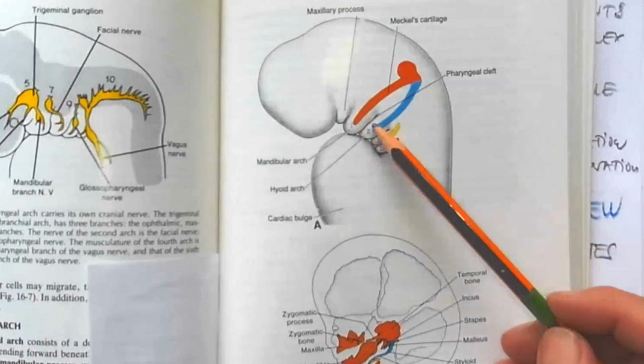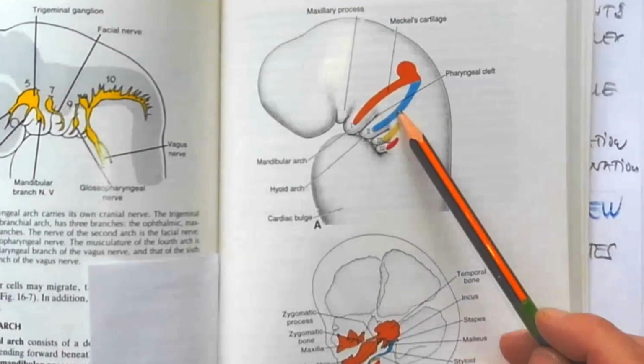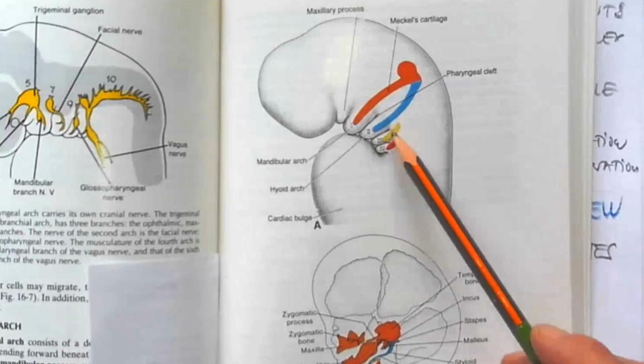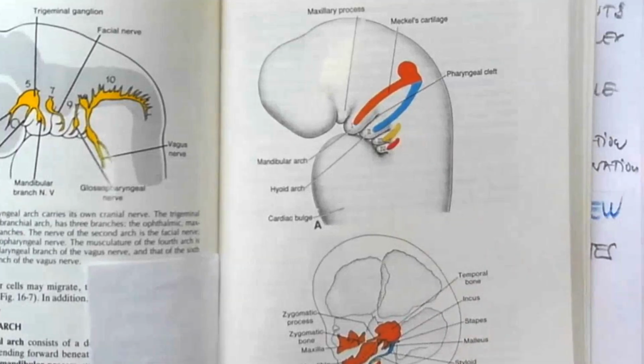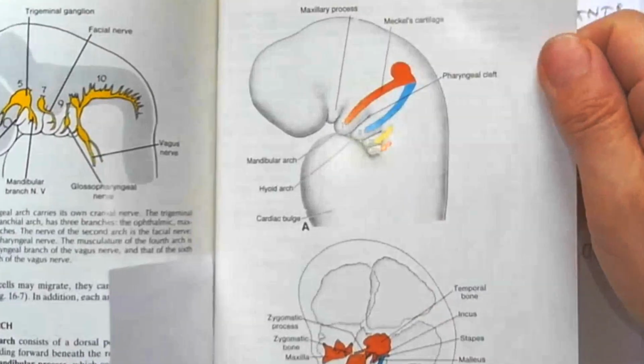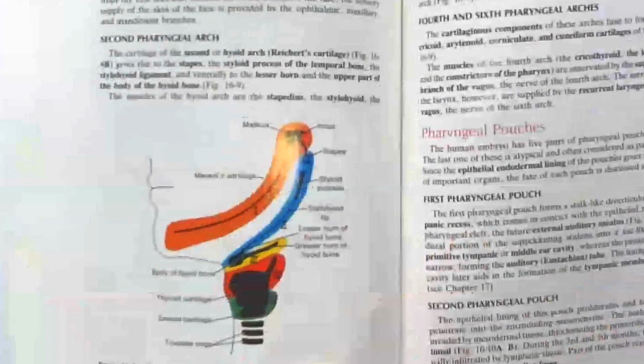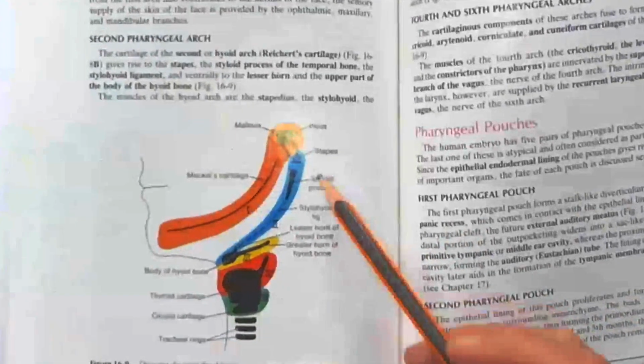So the first one is called mandibular, the second is hyoid, connected the first with the trigeminal, the second with the nerve number 7. This is with number 9, etc. So these arches are situated one by one, and they finally form not only different structures, but also the muscles.